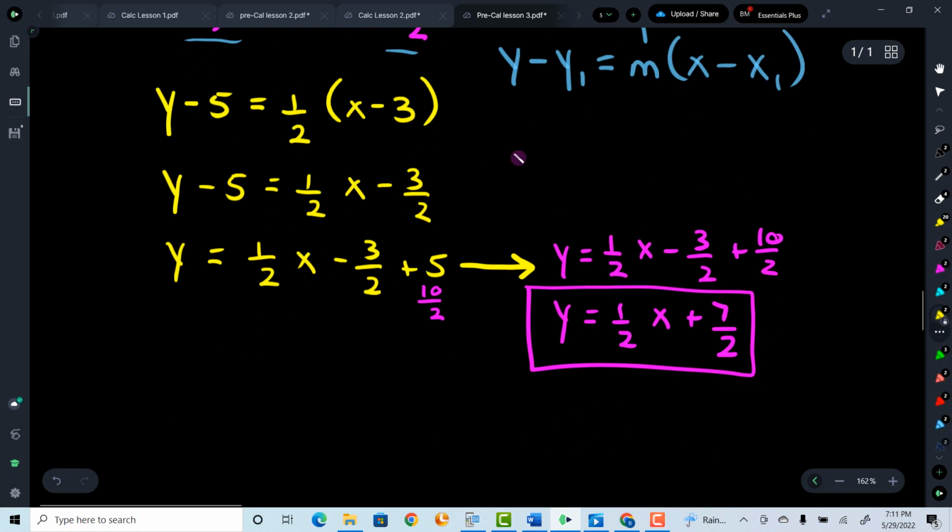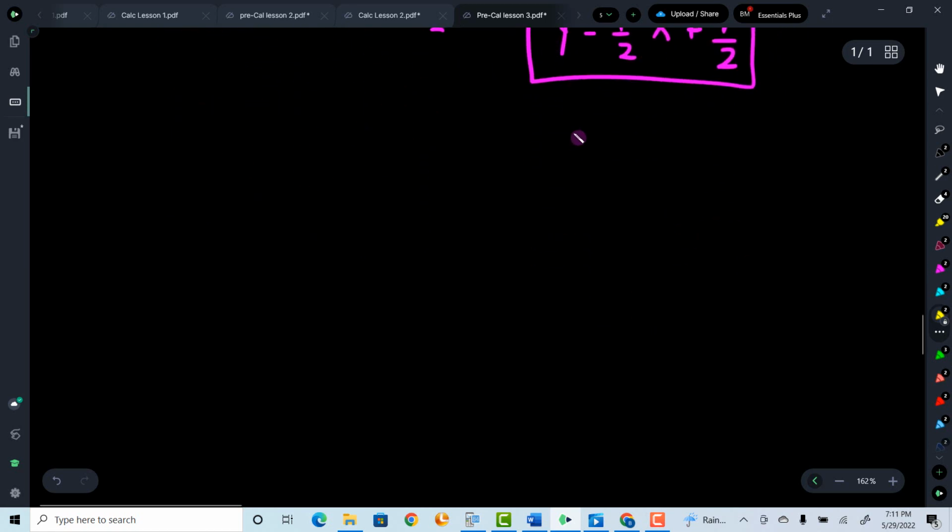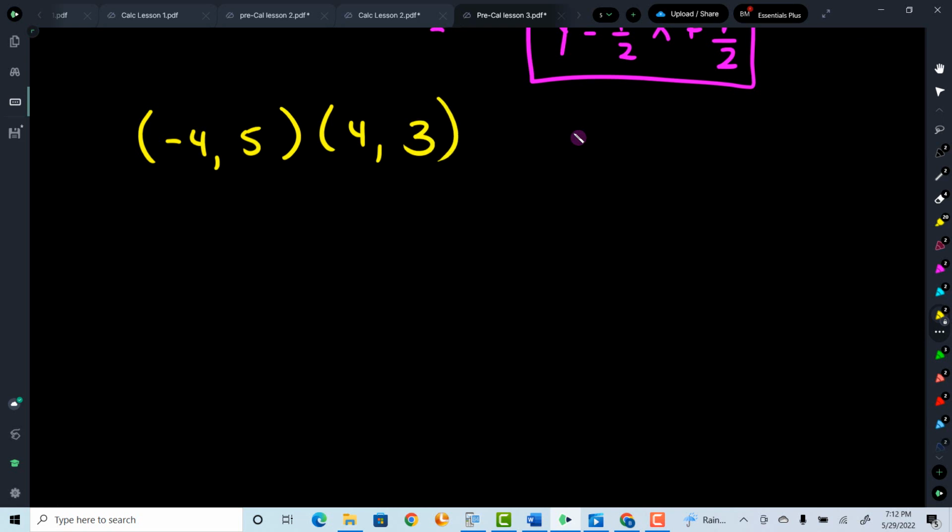Okay? Okay, let's do another one. Let's say that I have 2 points, (-4, 5) and (4, 3). I'd like the equation of the line given by these 2 points.